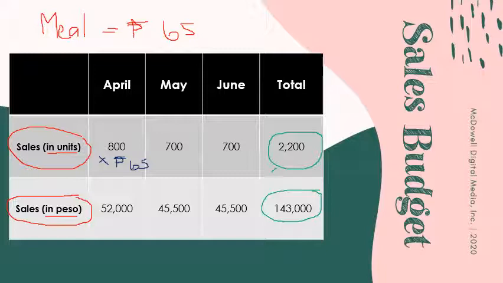So, kung itatry mo din siya, 2,200 times 65, it will have the same product. So, you have here 2,200 times 65, we have here 143,000. So, that is the sales budget or how you will do the sales budget.